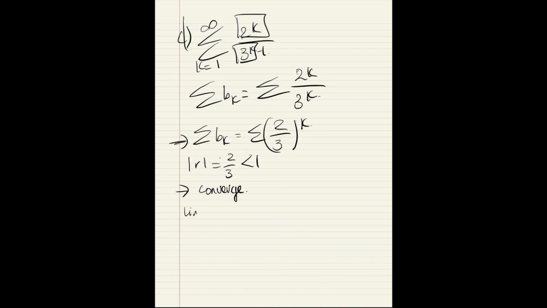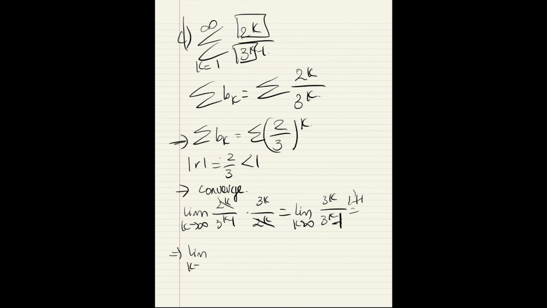And then using the limit as k goes to infinity of 2^k over (3^k - 1) times 3^k over 2^k, this one cancels out, so we just have the limit as k goes to infinity of 3^k over (3^k - 1). And then we're using L'Hopital's rule, so that we have the limit as k goes to infinity of 3^k times ln 3 over 3^k times ln 3, which is 1.